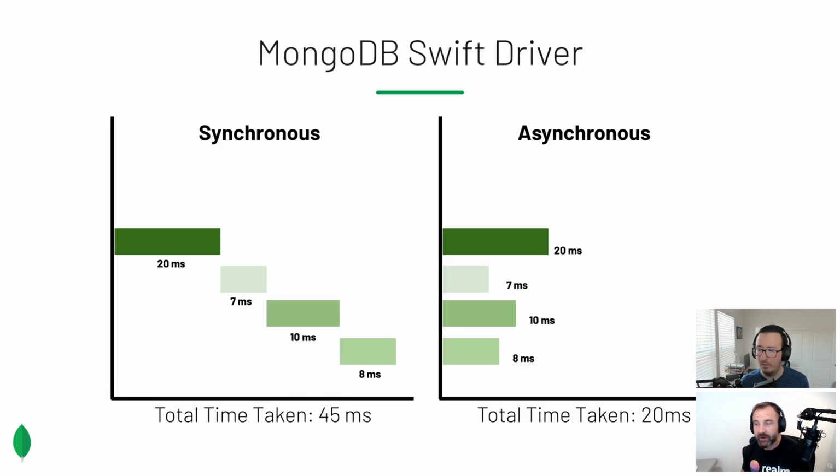I want you to know that there are two versions of the driver, represented today by two separate code sets and two modules. There is a synchronous version and an asynchronous version. For a command line application, something that you're going to run from the command line, it's most likely going to be better served with the synchronous version.